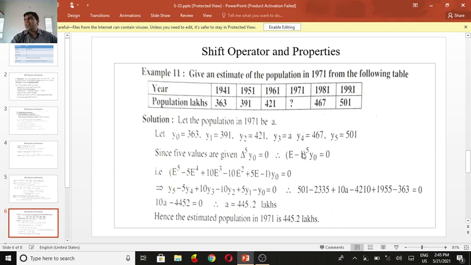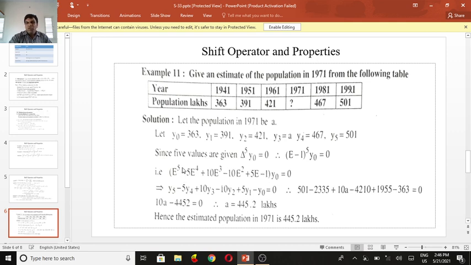Again I am simplifying (E − 1)⁵ using the binomial expansion formula. The binomial expansion is easy, with alternating signs: positive, negative, positive, negative. So E⁵ minus 5C1 E⁴ plus 5C2 E³ minus 5C3 E² plus 5C4 E minus 5C5 of y0.